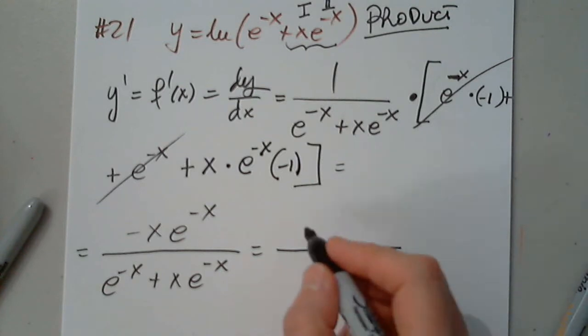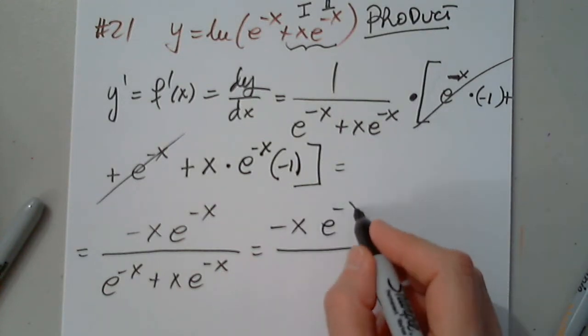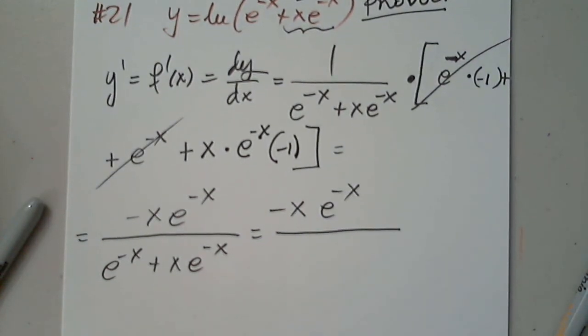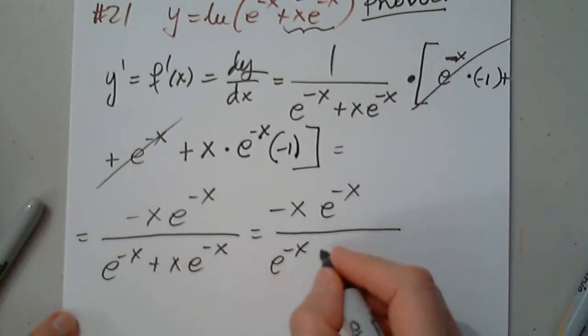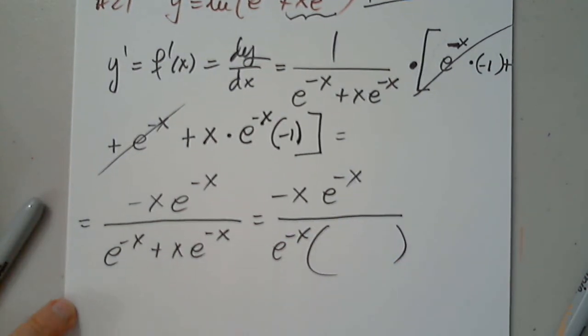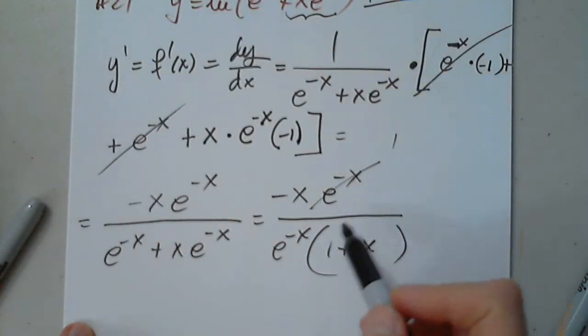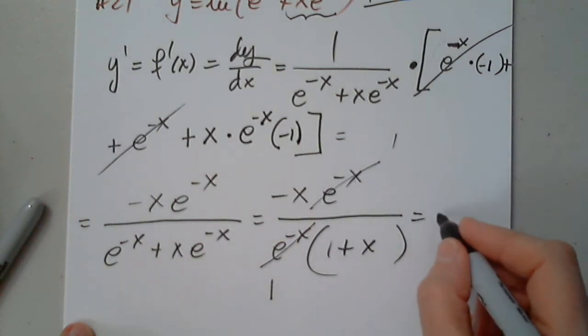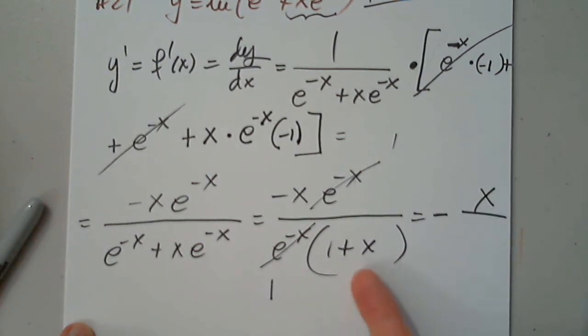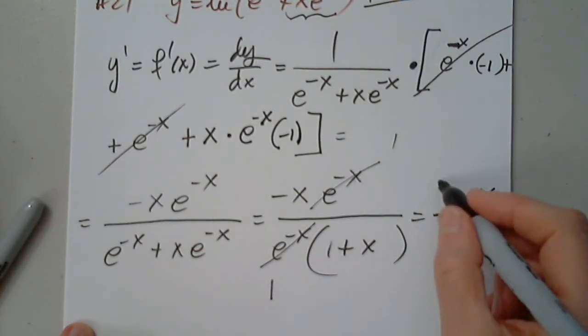Can anyone dictate the common factor in the denominator so I can pull it out? E to negative x. Can anyone tell us what to write in parentheses? 1 plus x. Indeed, 1 plus x. Thank you very much. And I have negative x. I don't like this order. X plus 1.